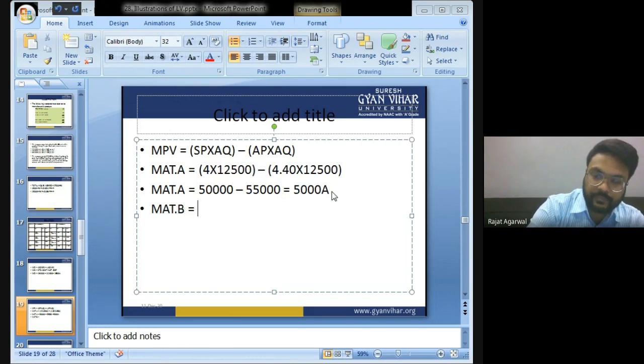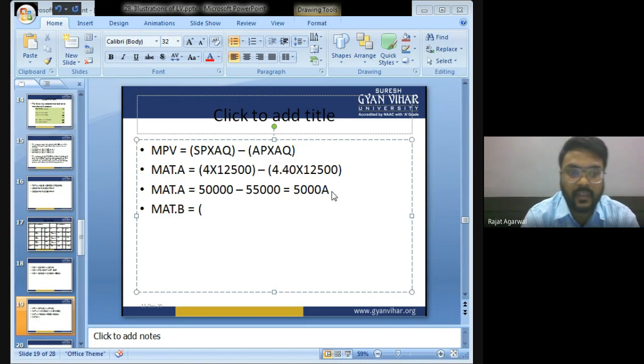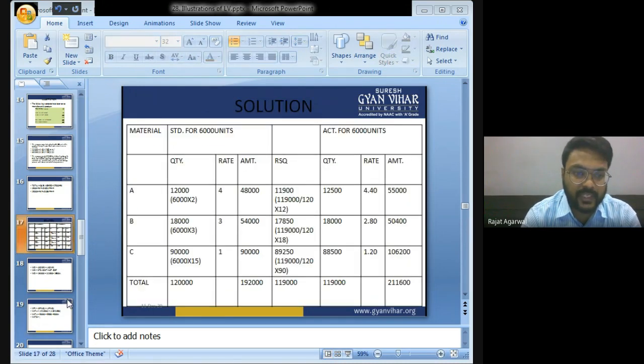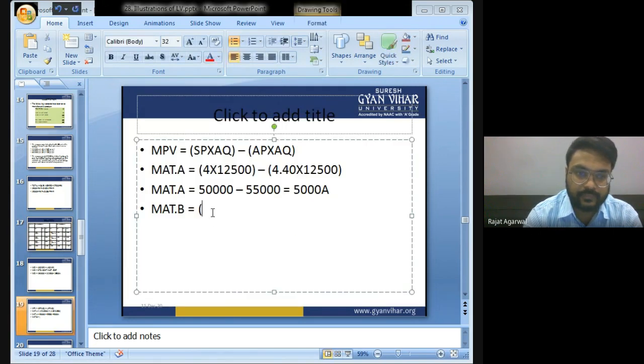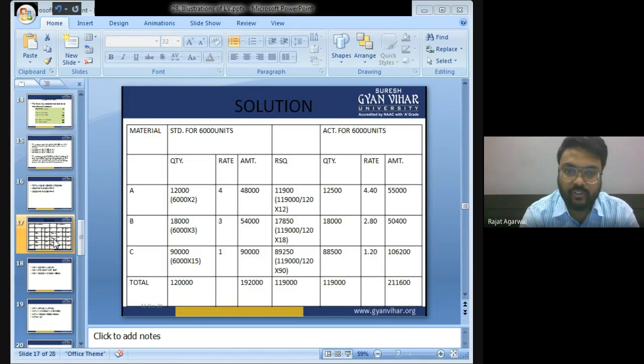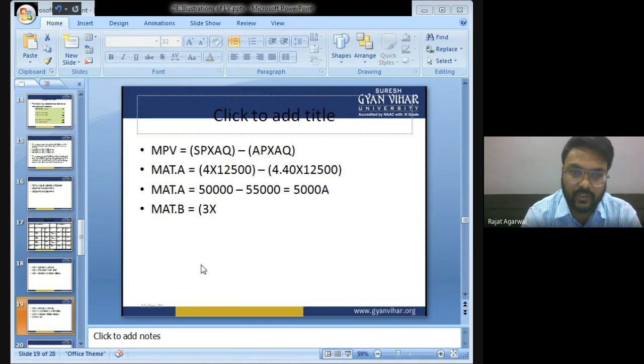Material B. Standard price of B is 3. Actual quantity of B is 18,000.